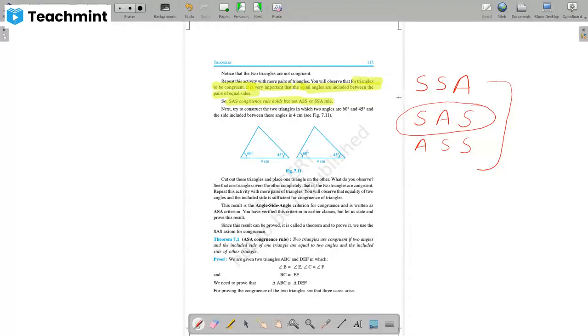These two are not the congruency criterion. Now we are only talking about those triangles in which two sides are given and one angle is given. The ones with two angles and one side, that we are going to discuss after this. Clear?